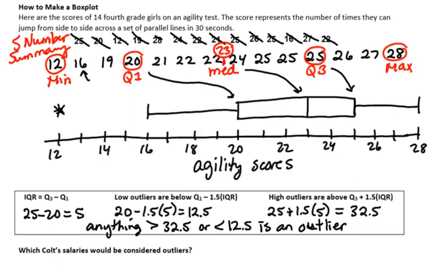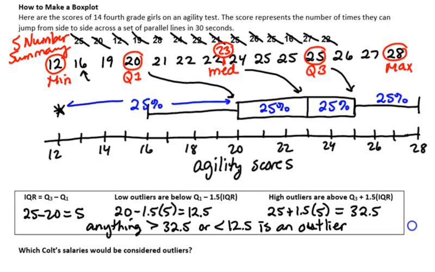Now something to recognize is that each quarter of the box plot represents 25% of the data. So there's 25% of the data between 20 and 23, another 25% between 23 and 25, another 25% between 25 and 28, and the other 25% is much more spread out.